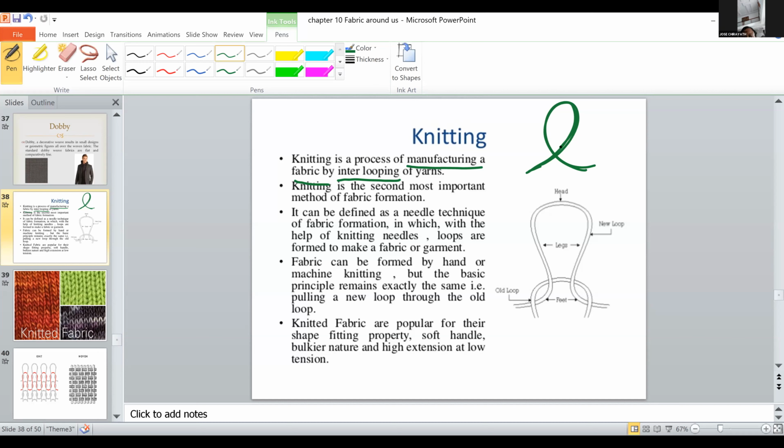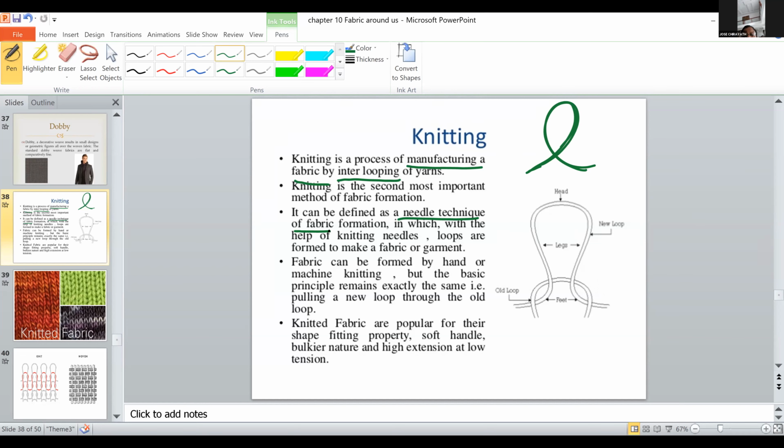Weaving is a very important method of fabric construction. The second most important method is knitting. It is defined as the needle technique of fabrics. The fabrics are prepared using needles. Two needles are taken and then it's interlooped.